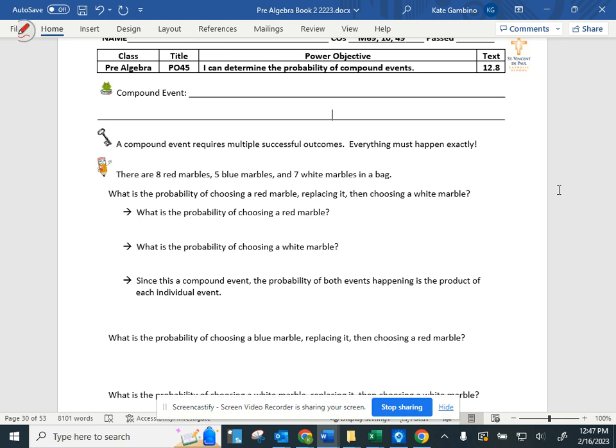So compound events are two or more events occurring. So a compound event is when there are two or more events happening. Compound meaning more than one. So a compound event requires multiple successful outcomes.